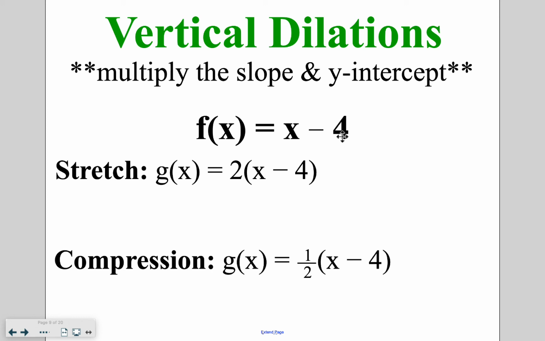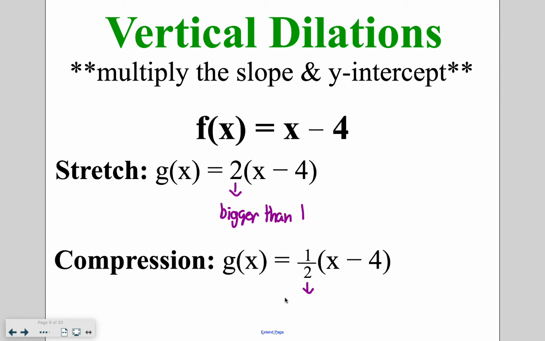I've changed it from plus 4 to minus 4 for this one. And we are looking at our 2 different types. So it can be a vertical stretch or it can be a vertical compression. It is a vertical stretch if the number you are multiplying by is bigger than 1.